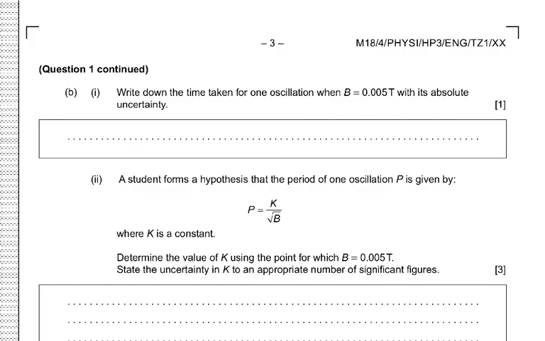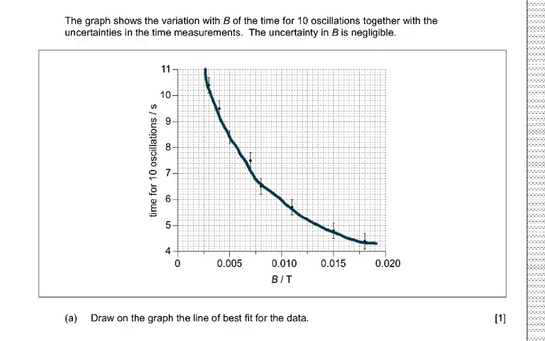So we have B(i). Write down the time for one oscillation when B is 0.005 Tesla. Include the absolute uncertainty. I found the data point. It appears the data point falls somewhere around 8.4 seconds for 10 oscillations.